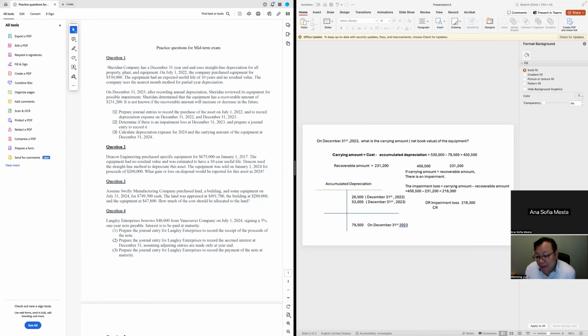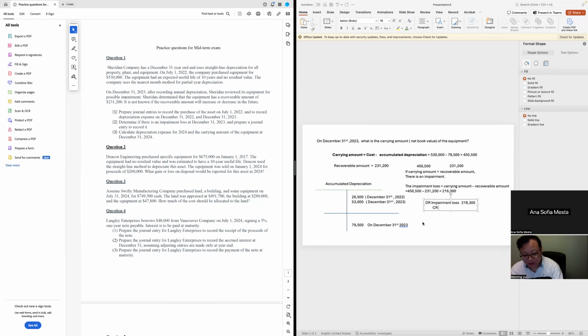Anna, should you debit or credit cumulative depreciation? Credit. Credit, very good. You credit cumulative depreciation. So this will be the entry for the impairment loss.